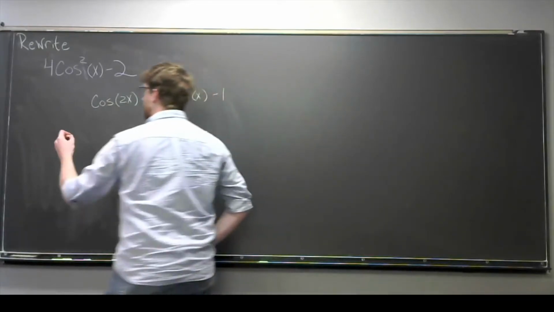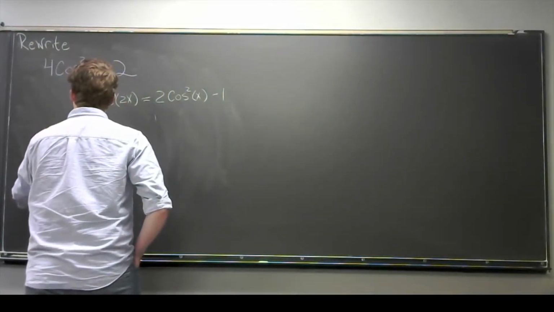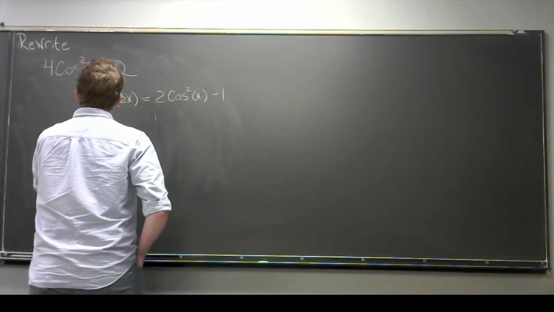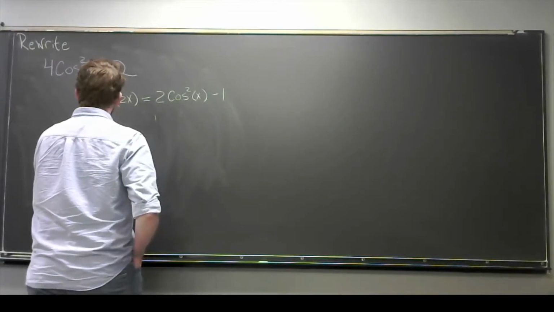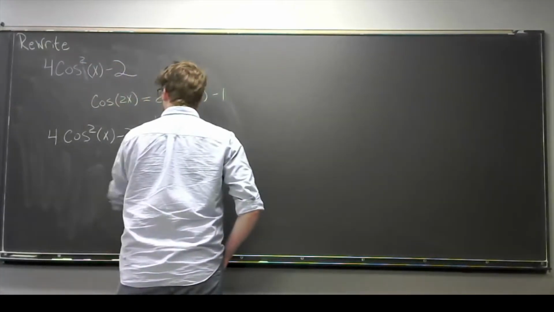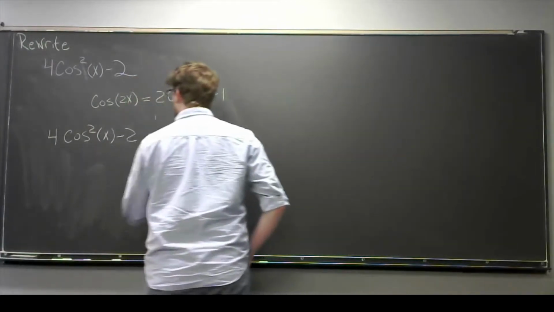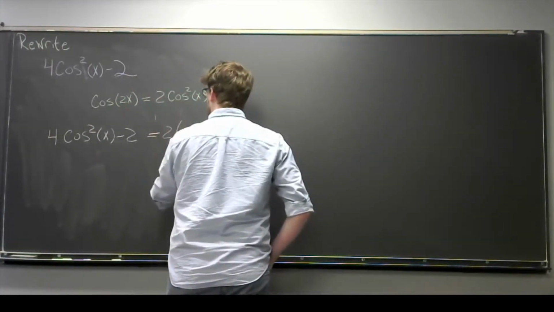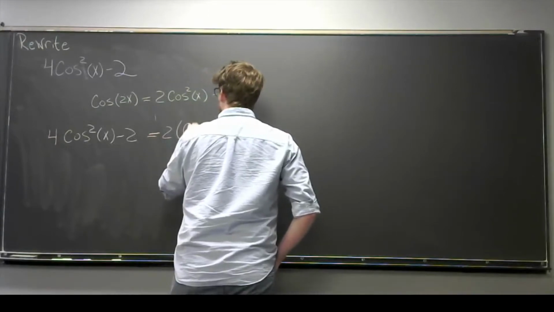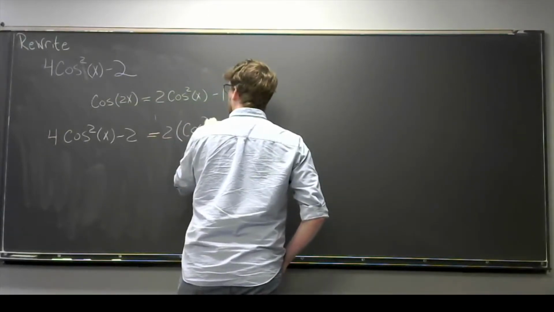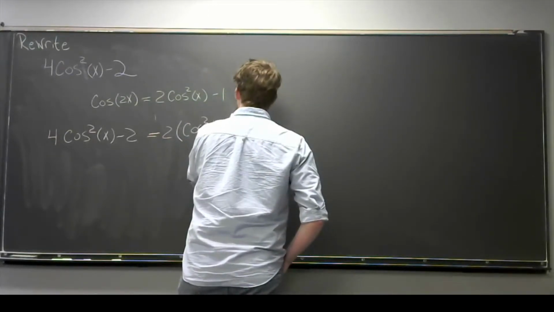When we do that, we find 4 cosine squared of x minus 2 is equal to 2 times cosine squared of x minus 1.